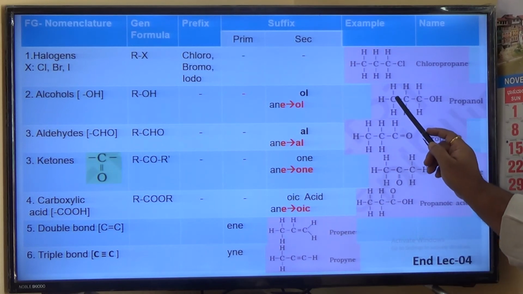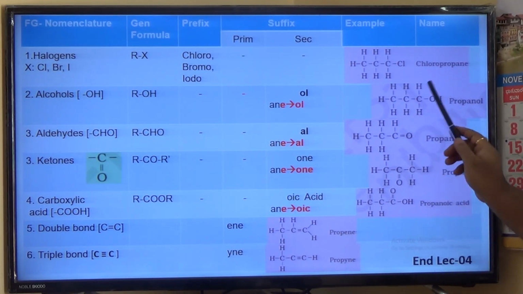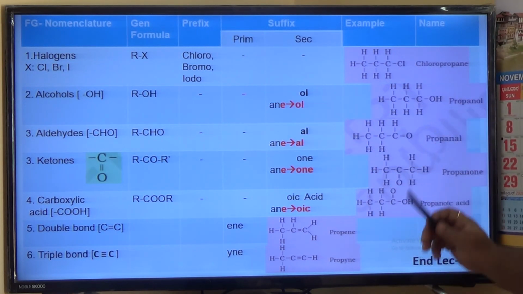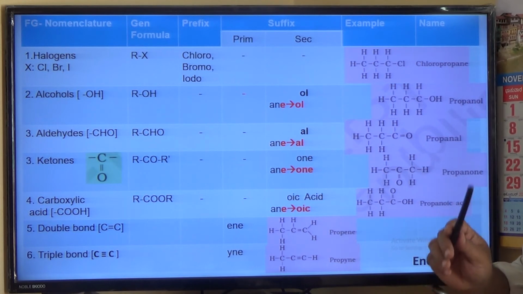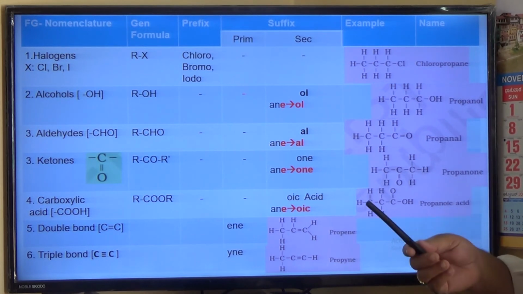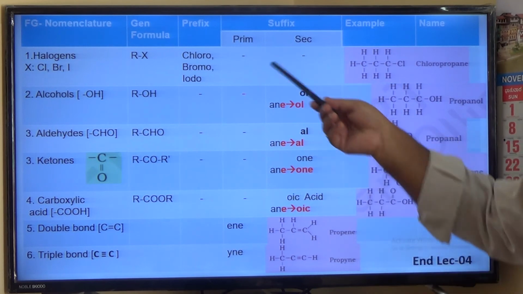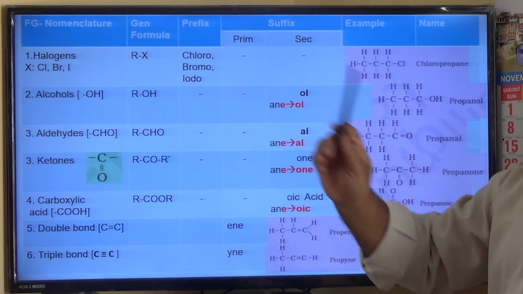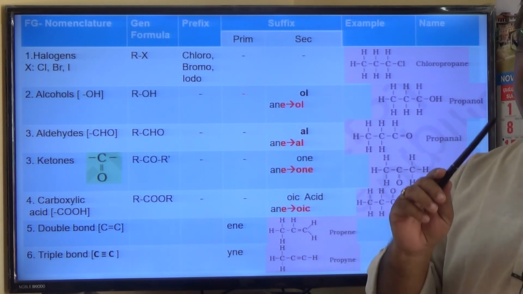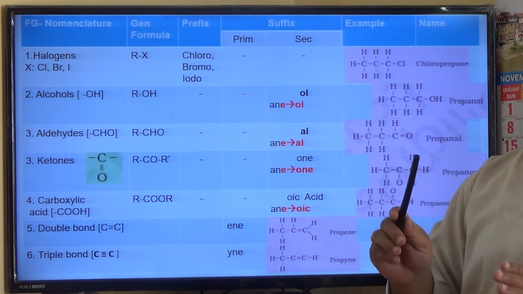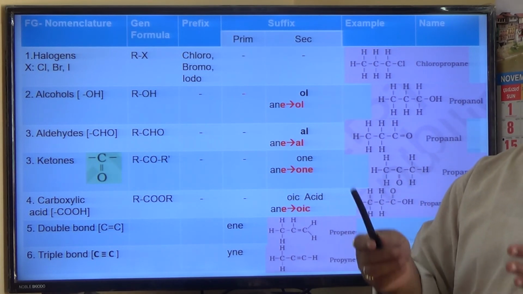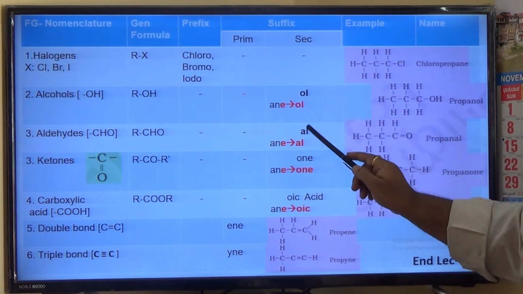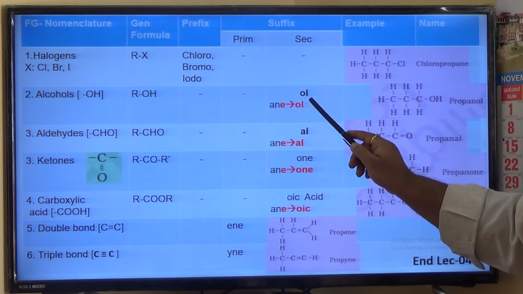Suppose this is CH4, methane. One hydrogen atom is taken and a hydroxyl group, that is the alcohol group, is attached. Methane spelling is METH, ane, all single bond, that is the primary suffix. If I attach the hydroxyl group, OH group, then in methane the last E is to be taken out and the secondary suffix OL attached.